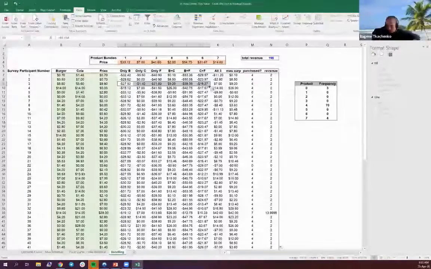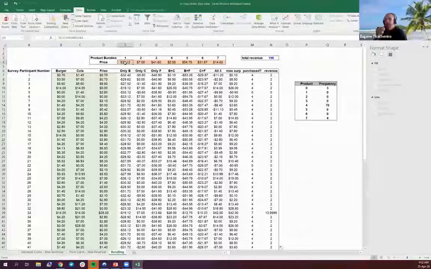So let's say that you were able to create the formula and calculate the surpluses and everything else. You see that there are some numbers related to the revenue and everything else, but we're interested in maximizing the profits. So the idea is to maximize the profit, but at the same time, set the only right prices for the sets of products to maximize consumer surplus.